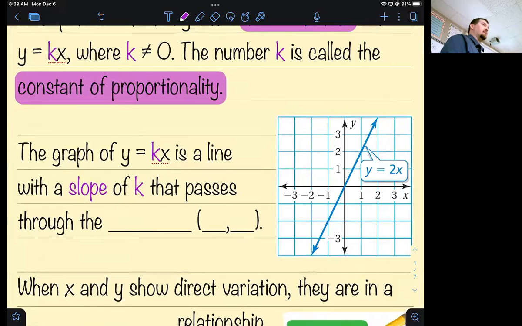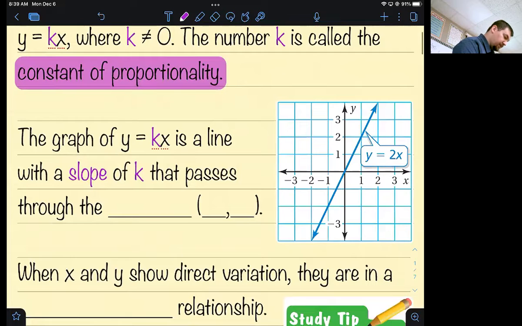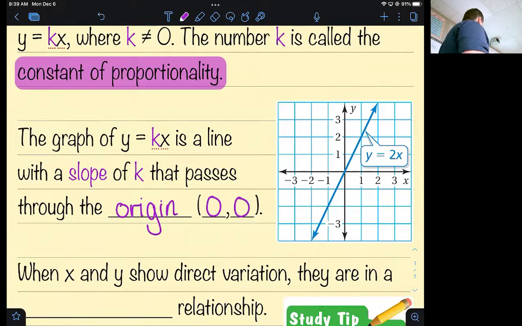What special point does this line happen to go through? 0, 0. What's that point called? The origin, yes. So the graph of y equals kx is a line that has a slope of k. In this example, that slope is 2, and it passes through the origin, 0, 0.